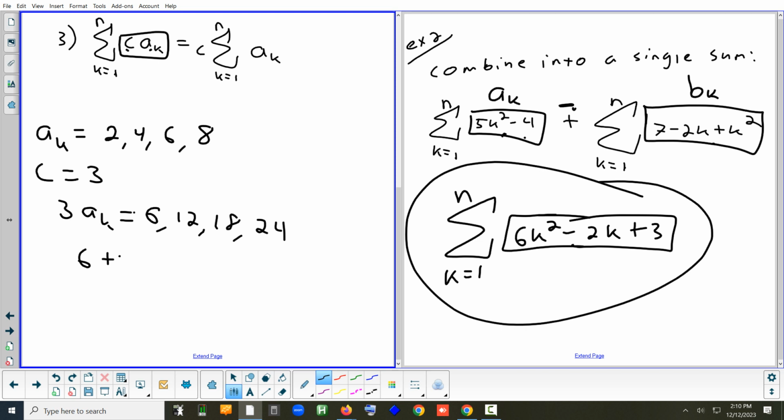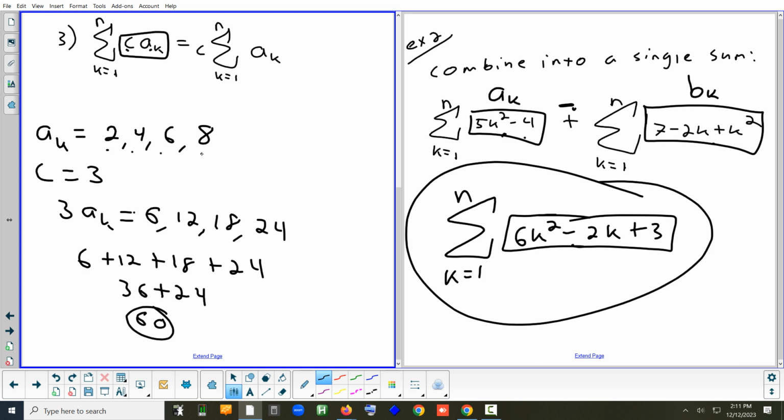What's 6 plus 12? 18. What's 18 plus 18? 36. And what's 36 plus 24? 60. So that's doing it the way on the left. You tripled all the numbers in the sequence first and then added them up.